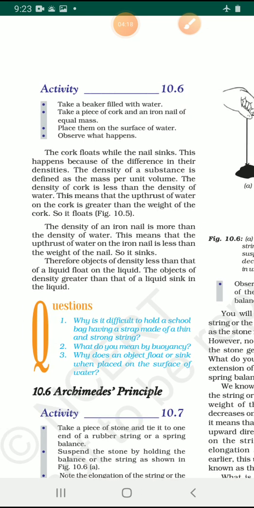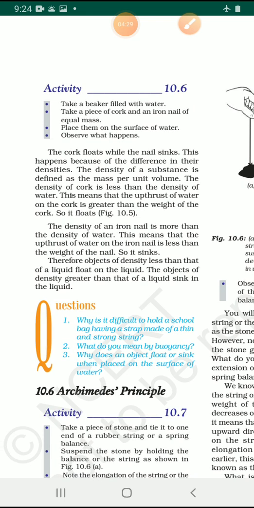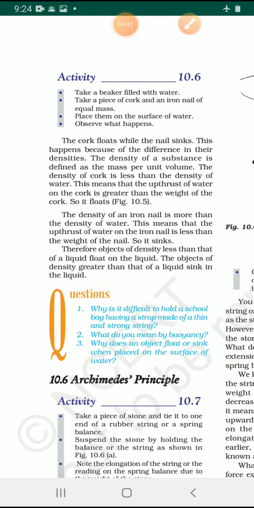So if you get a question, why does a cork float on water wherein a small pin sinks, the reason is that the cork has a lesser density than the water, wherein the nail has a more density than the water. If the density is more, then obviously the object sinks, and if the density is less, the object floats.